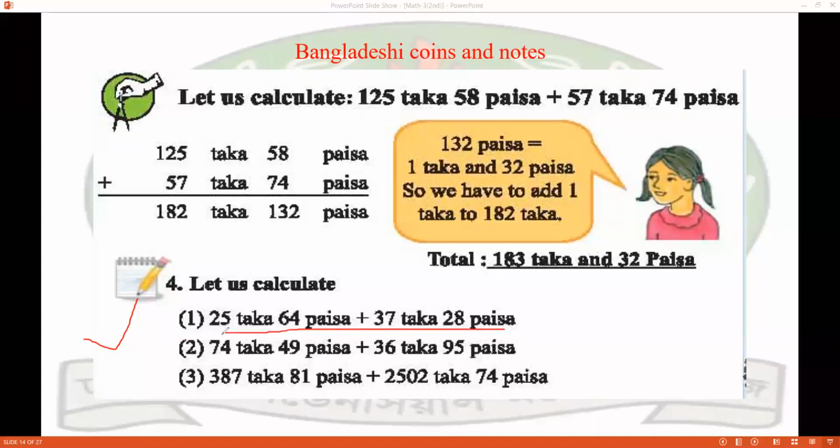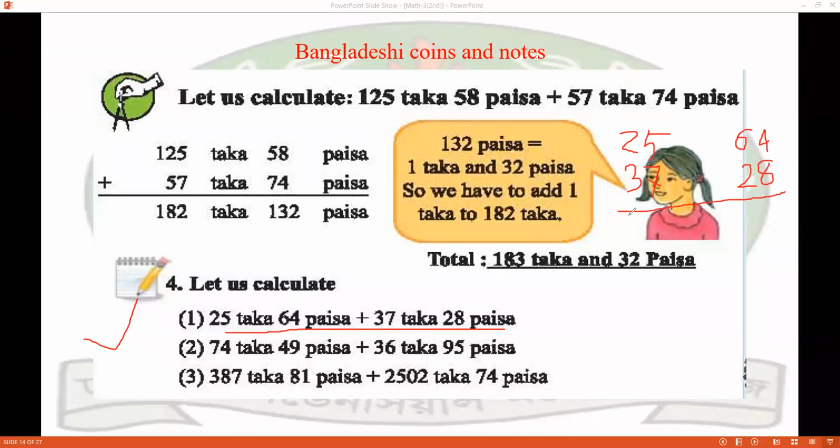You see that there is 25 taka and 64 paisa, and 37 taka and 28 paisa. So we write it in this way: 25 taka and 64 paisa, and 37 taka and 28 paisa.